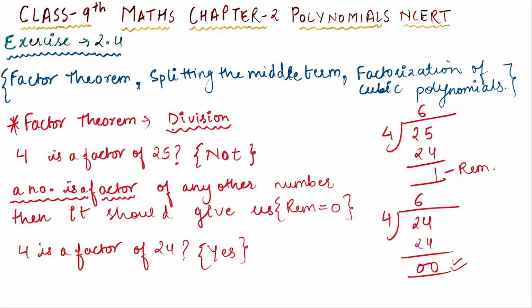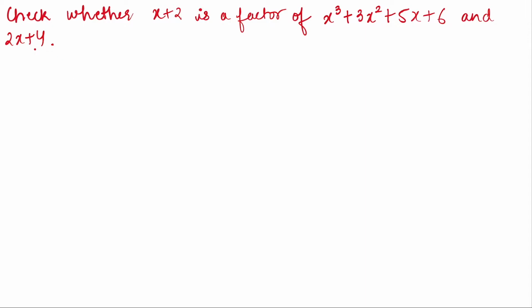Same happens with the polynomials in the division of polynomials. And there comes the factor theorem. Let us proceed with the division of polynomials. Now let us check in this question. I think it is from class 9th Maths NCERT book. Check whether x plus 2 is a factor of this polynomial x cube plus 3x square plus 5x plus 6 and another polynomial that is 2x plus 4.